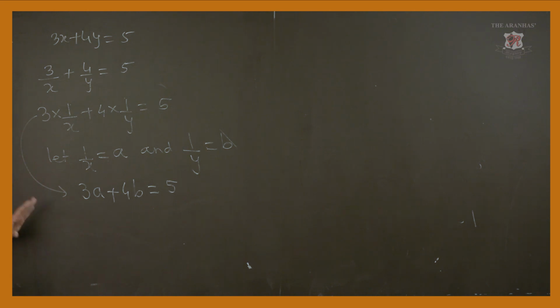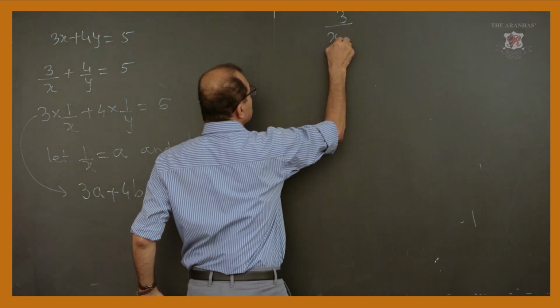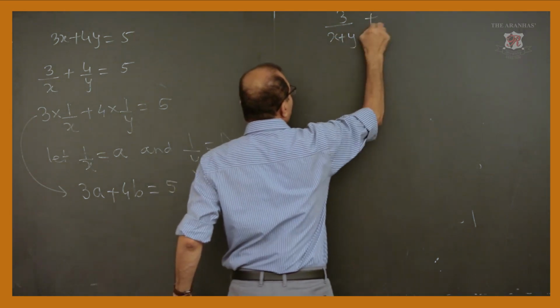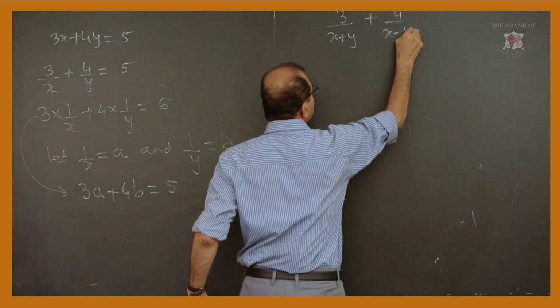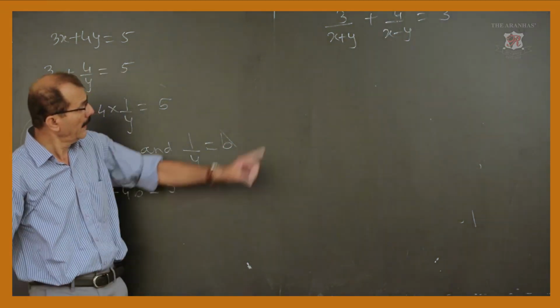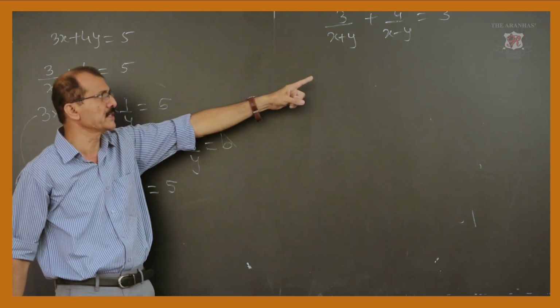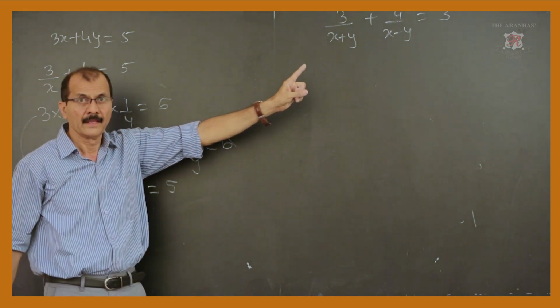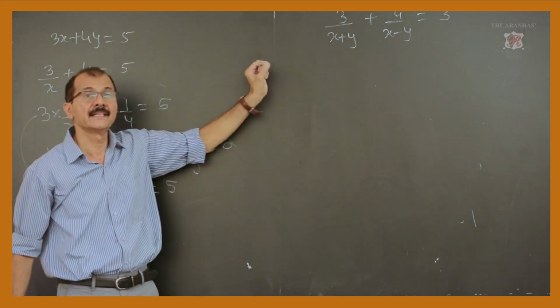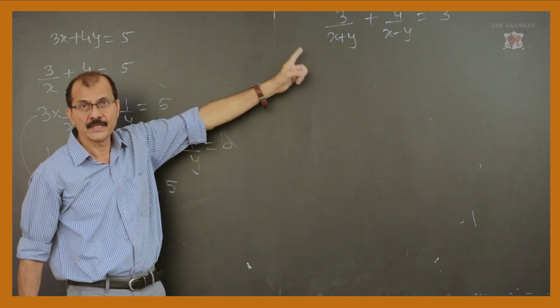Same way we have, suppose 3 upon x plus y plus 4 upon x minus y is equal to 3, just for example. If you have a sum like this, 3 upon x plus y plus 4 upon x minus y is equal to 3, again you will find that this is not a linear equation because the degree is not 1.